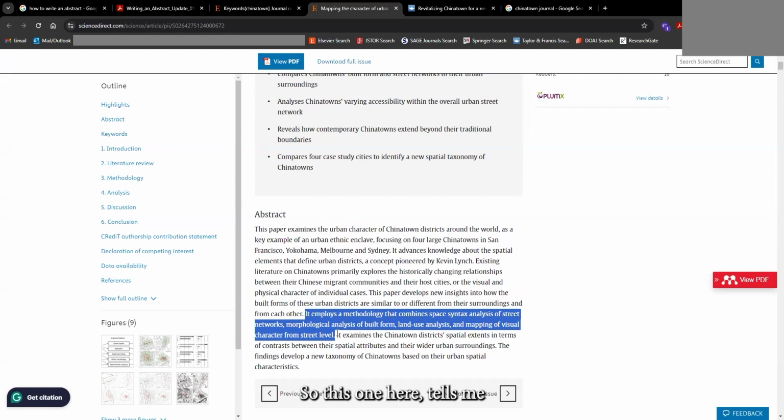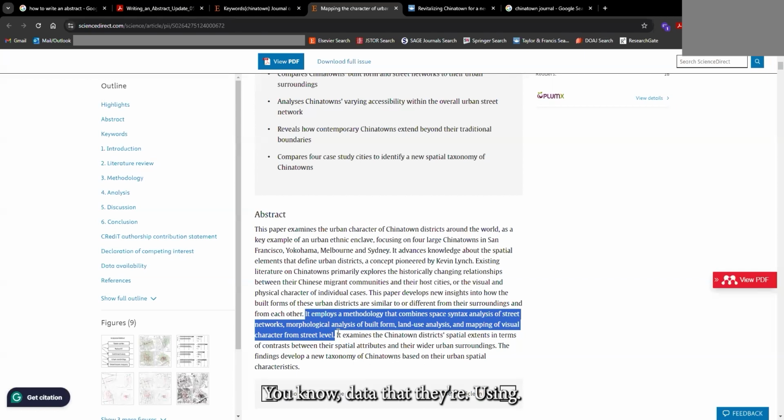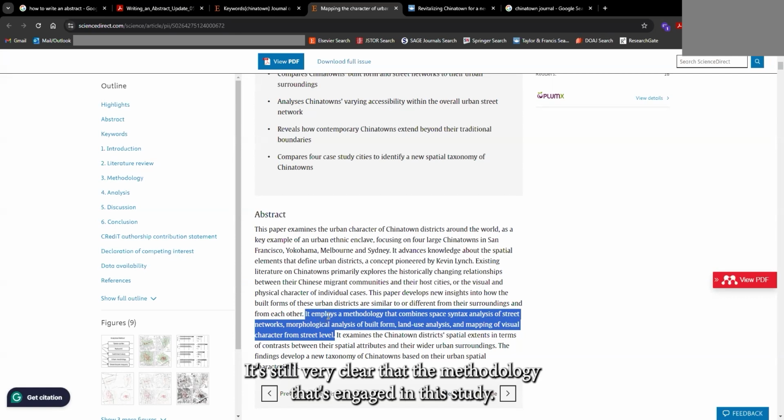So this tells me straight away what the methodology is, what type of data they're using, what analysis they've done. Although you may not be familiar with the field or the methods within that field, it's still very clear what methodology is engaged in this study.